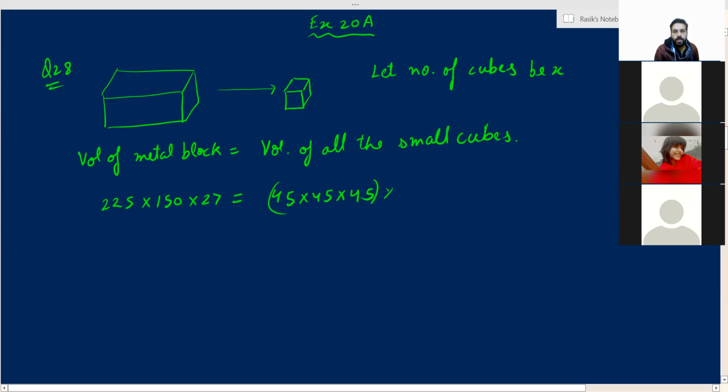We are making x cubes. So you will multiply the volume of one cube by x. So you have got this equation. Now you all will solve this equation yourself and find the value of x. Have you all understood the concept of the question? Yes, sir. Very good. Find x from the equation.